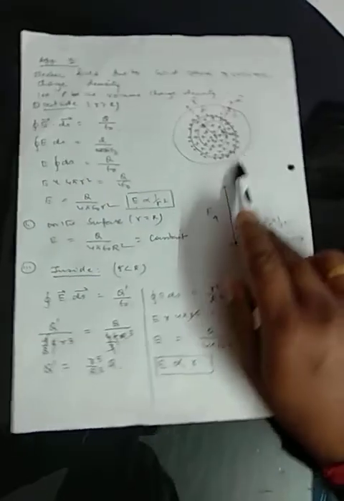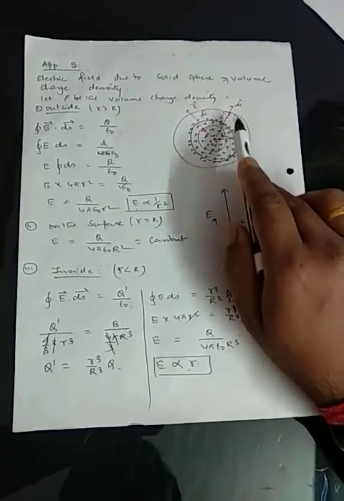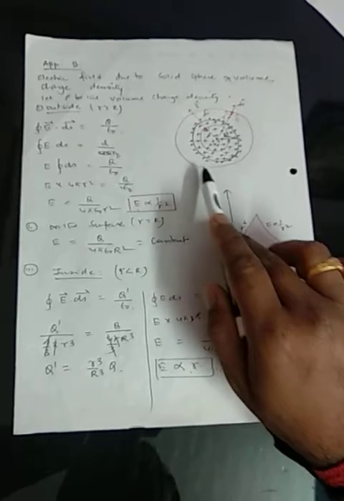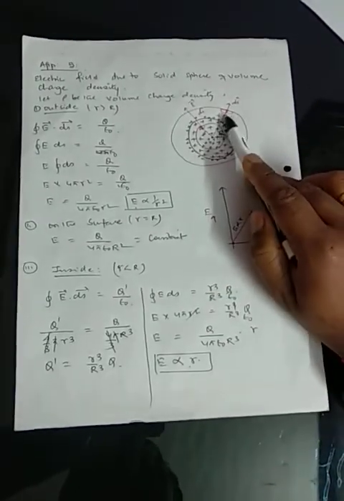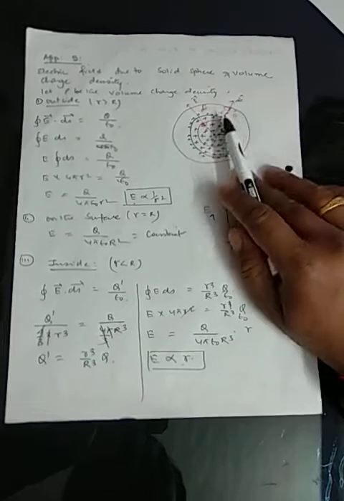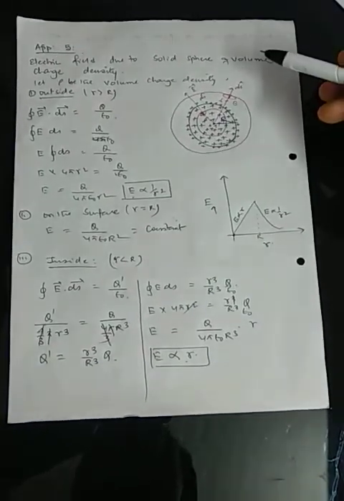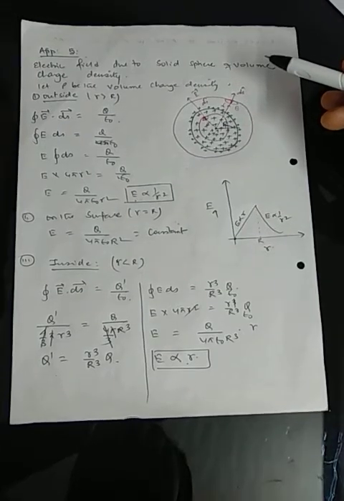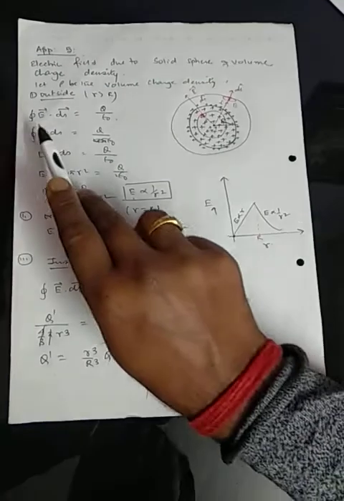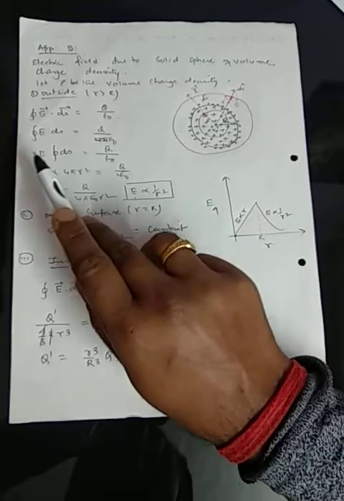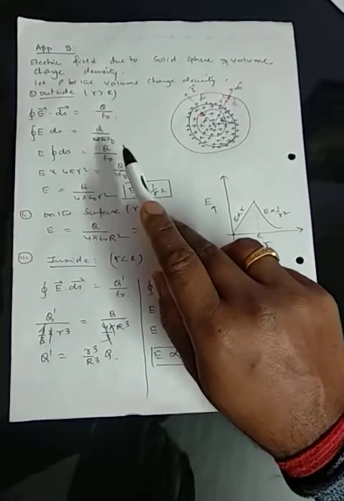For calculating outside the sphere, we draw a Gaussian surface which is enclosing the charge perfectly. In this Gaussian surface, this is a very small area ds which is directed this side. Electric field is also this side. That means electric field and area are parallel to each other. Applying Gauss theorem, E dot ds is equal to q by epsilon naught. E ds is equal to q by epsilon naught.